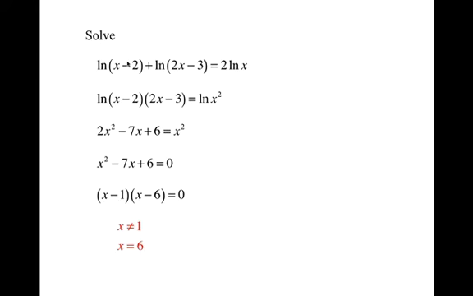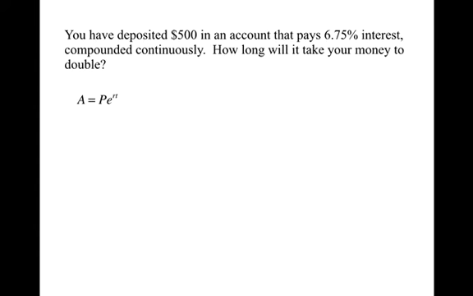Our domain is x greater than 0. So if we have a negative number, then we get undefined. So if we substituted 1 in for these expressions here, it would give us negative numbers. And so this is actually not one of the possible values of our original function. So only x equals 6.